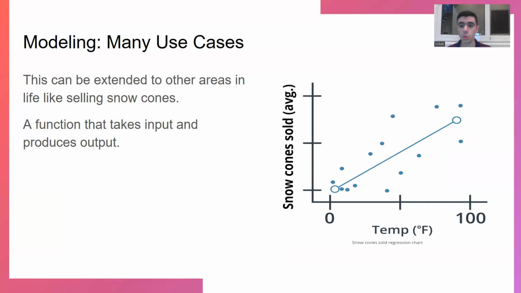I tried to draw a mathematical function that takes the input, which is data about the temperature, and predicts the output, which is the number of snow cones that I can sell depending on the temperature. If I did that, then I managed to build a model that describes the process that I care about. That is the task of machine learning: to provide us with models without the need of doing the hard math of differential equations and this kind of stuff.